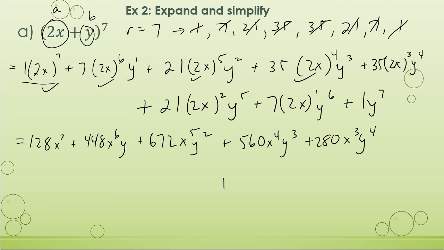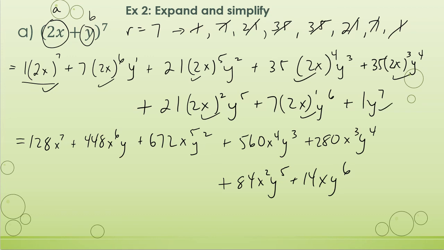I'm going to continue down here. Plus 2 squared is 4. 4 times 21 is 84 x squared, y to the power of 5. So we did that term already. Now we're here. 2 to the power of 1 is 2 times 7 is 14, and that would be x, y to the 6.